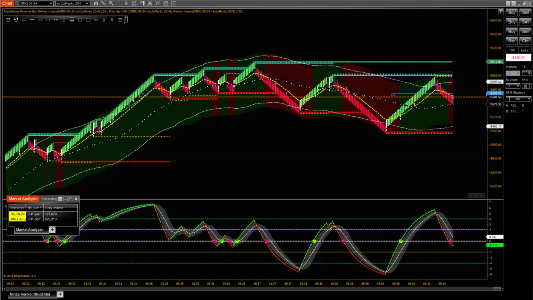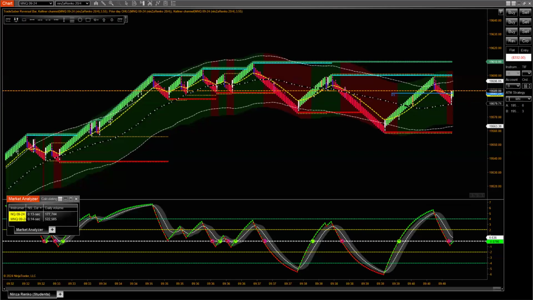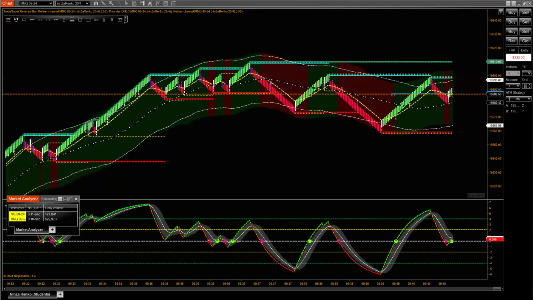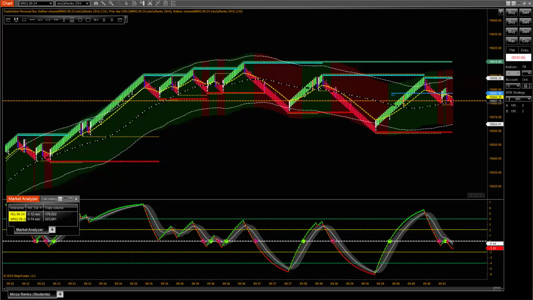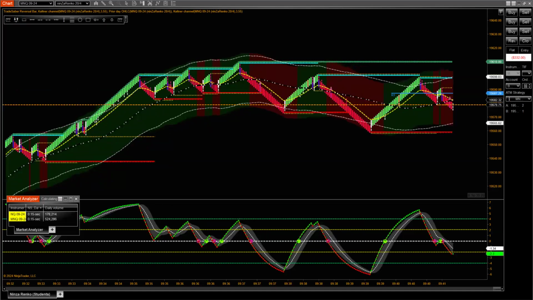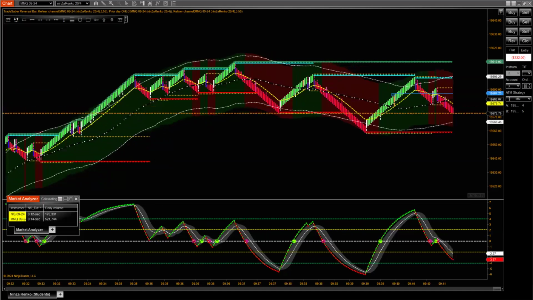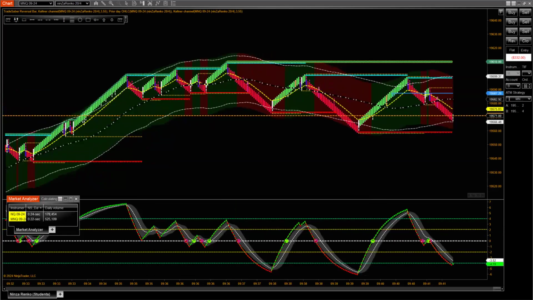It's just touching the upper and the lower bands. Yeah, but the bands are so narrow. Come on, few more ticks. Okay, got my second trade. Got my target there.